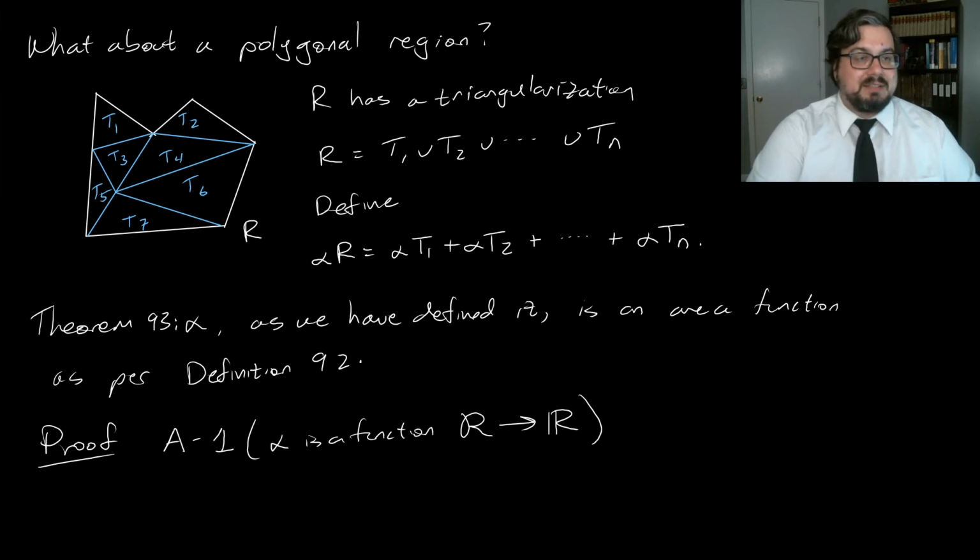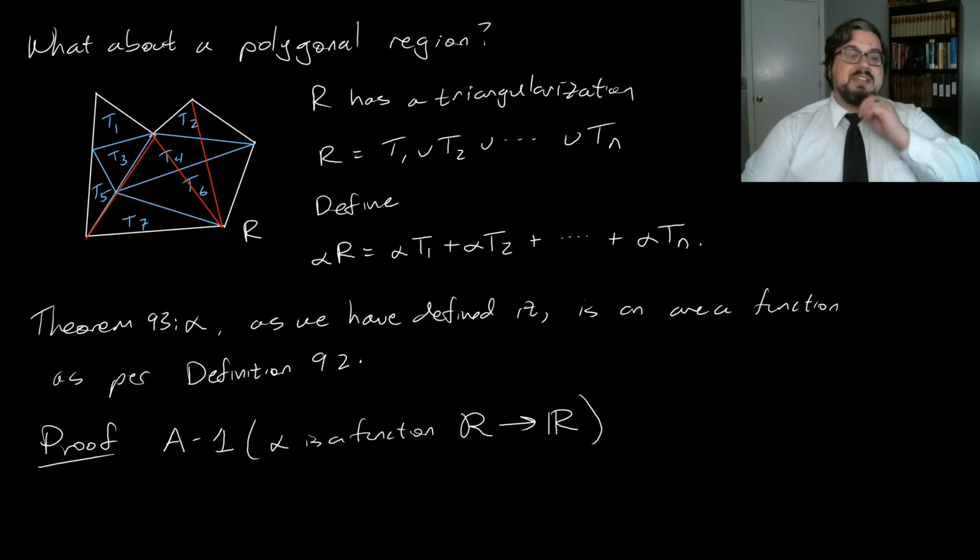And the well-definedness issue is that we can have more than one triangularization of the same region. So for instance, if I take the same region R up here, but I start triangularizing things using these red triangles, the red triangles give another triangularization of R that doesn't necessarily have anything to do with the original triangularization.